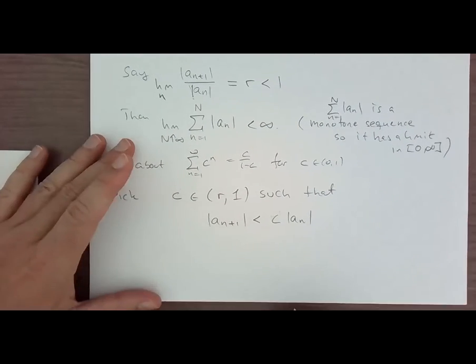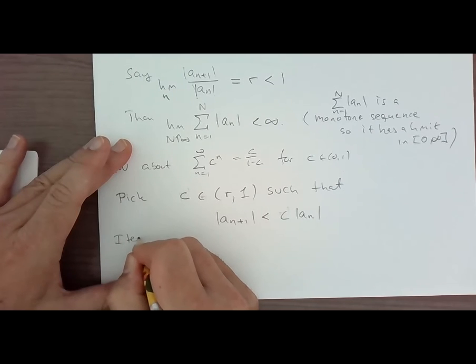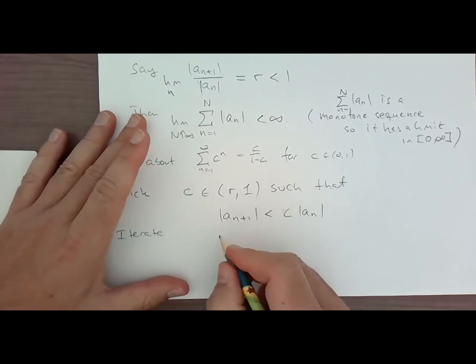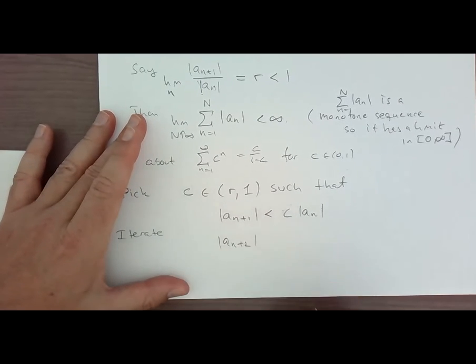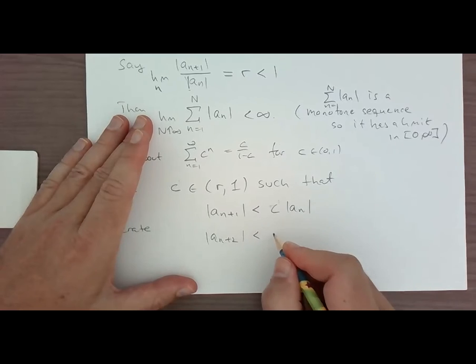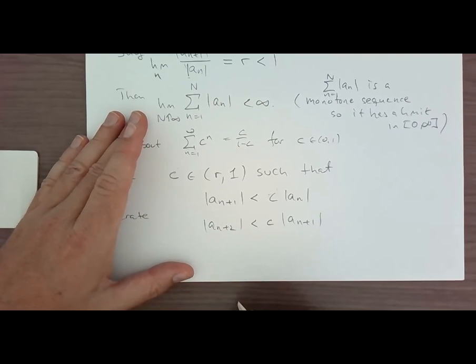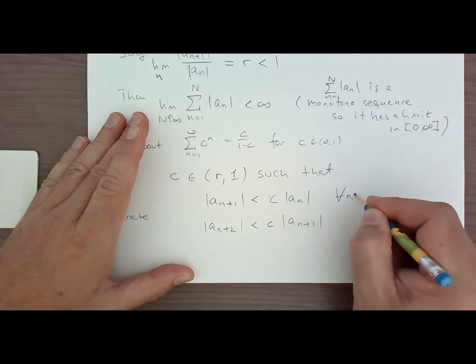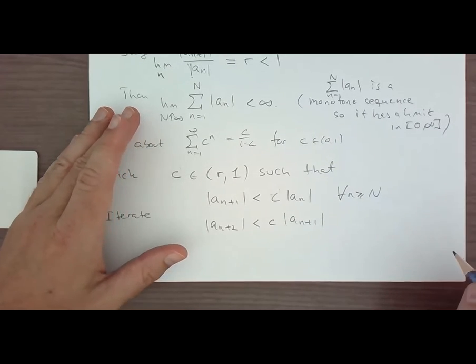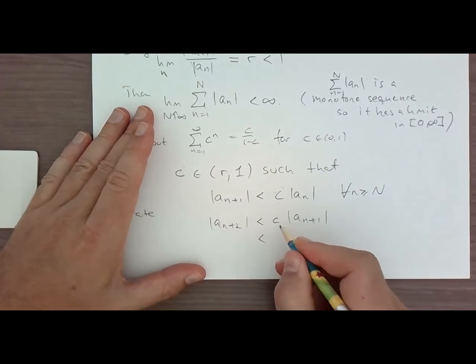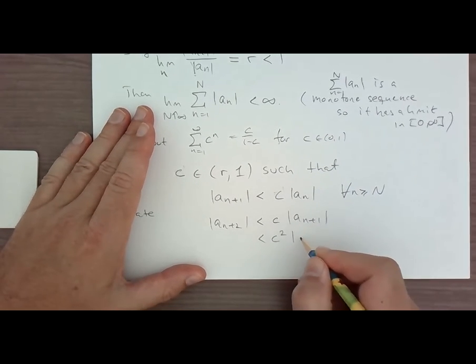And then I can iterate. I can iterate and say that the absolute value of a_{n+2} is going to be less than c times the absolute value of a_{n+1}. And this is true for any n bigger than some big number. Right, and then I can do the same thing. I'll get c squared here, and then I'll have a_n here.